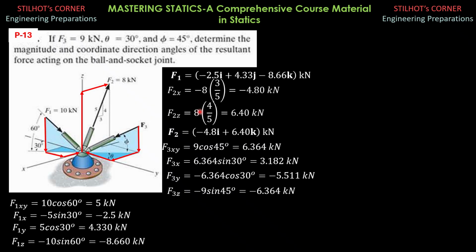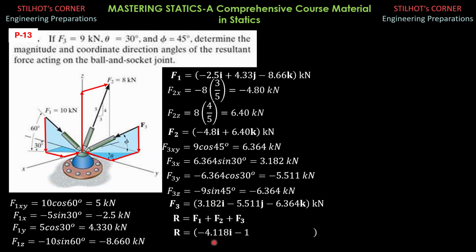So the resultant in vector form is vector F1 plus vector F2 plus vector F3. So R is F1 plus F2 plus F3, adding corresponding terms, which is for i: negative 2.5, negative 4.8, and positive 3.182.